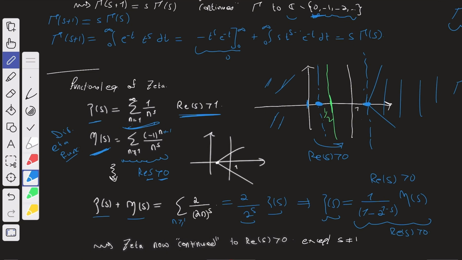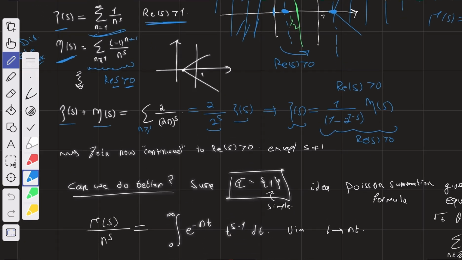So the next harder question, in fact, is how can we analytically continue zeta to the left half plane, including the line real part of s equals 0. This is a little bit of a harder task to do, but it's not that bad. So let us head into that.